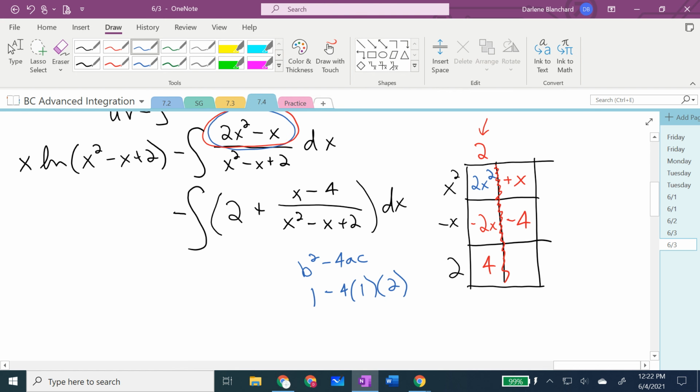A negative number under a square root says I'm not real. Although it is real, it's just not a real number. Anyway, that means, guess what? There is no fraction decomposition.